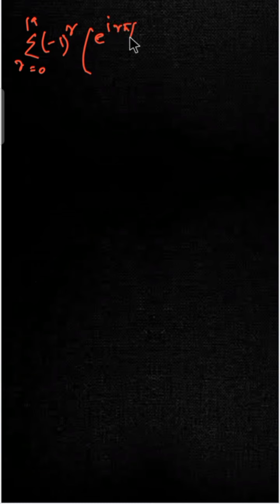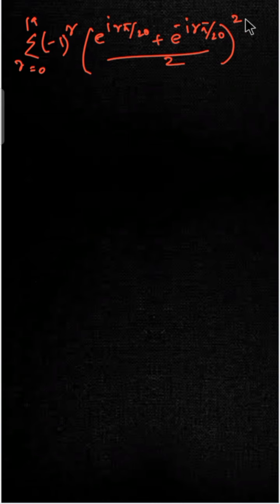Keeping that, we get sigma r equals 0 to 19 of (minus 1) whole power r into (e power i r pi by 20 plus e power minus i r pi by 20, divided by 2) whole power 20. Now we need to look out for a simplification process. What I'll be doing is taking e power minus i r pi by 20 common.